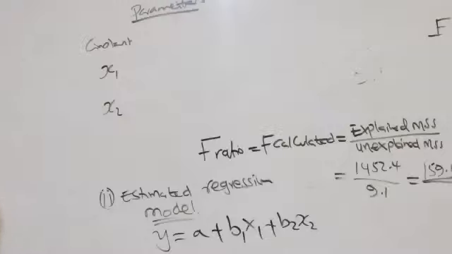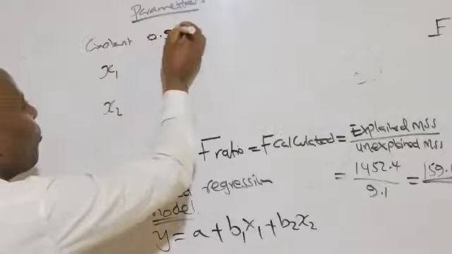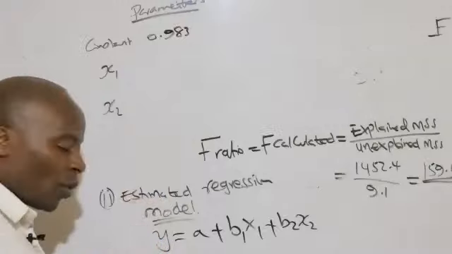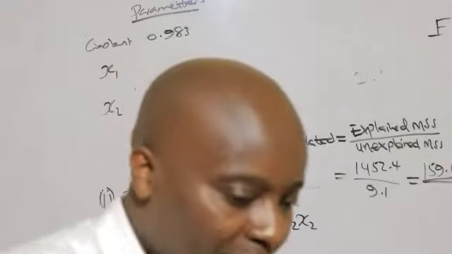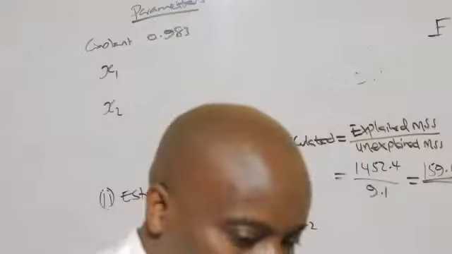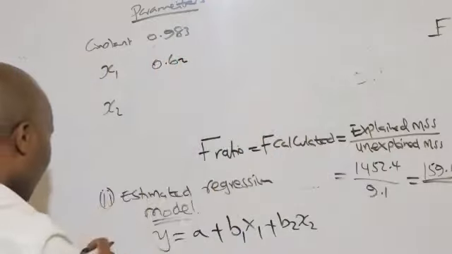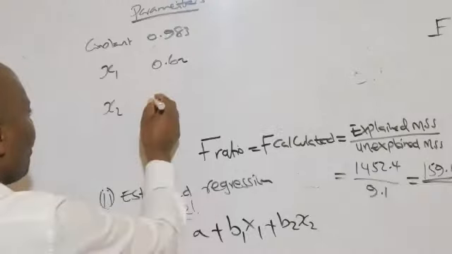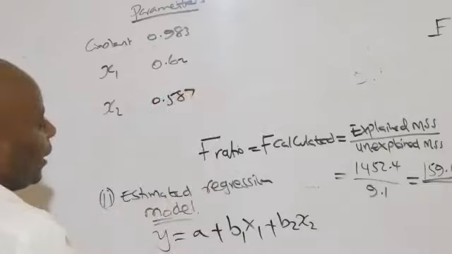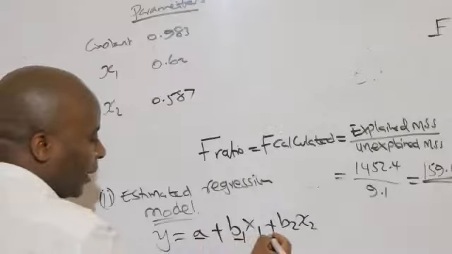The constant parameter is 0.983, the x1 parameter is 0.62, and then we have the x2 parameter, which is 0.587. So these are the regression parameters.